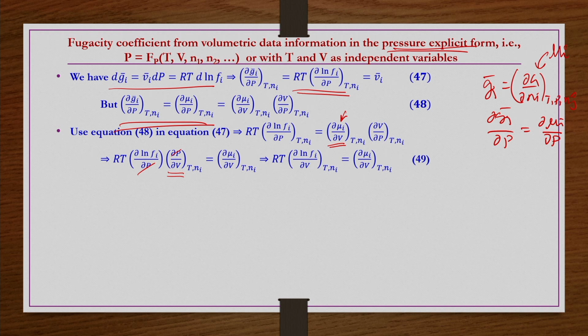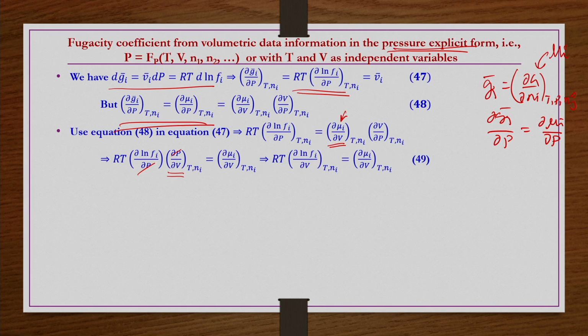If you change the volume, then how is the fugacity changing, because temperature and volume are independent variables, and temperature we are fixing constant. So, by changing V, how fi is changing, that we have to find out. So, RT ∂ln fi/∂V is nothing but ∂μi/∂V. So, now I have to find out this one. If I find out this one, I can substitute here and find out fi. Once fi is known, φ is straightforward.